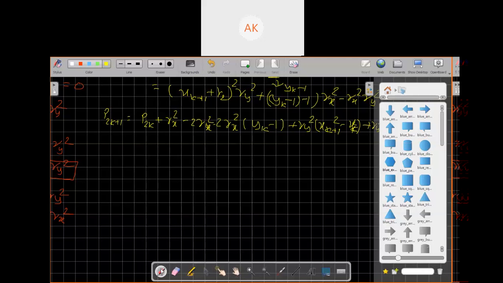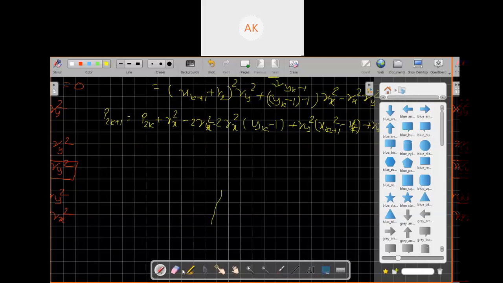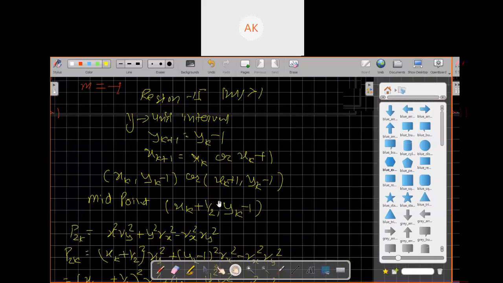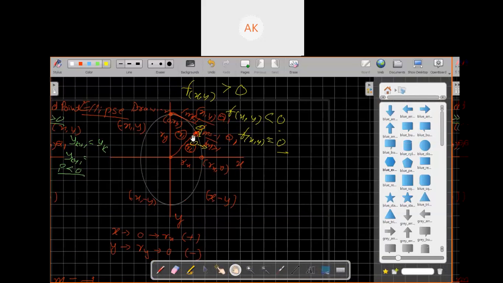So finding the initial decision parameter at this point in all the equations, we will find the next decision parameter. But in region 2, we do not know the initial coordinates where your region 2 started. So the last point of region 1 we have calculated, we will consider as the initial point for region 2.